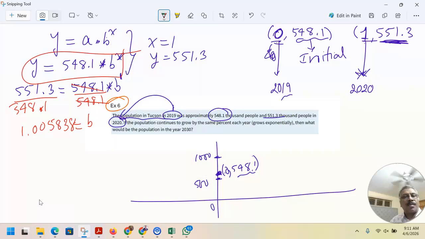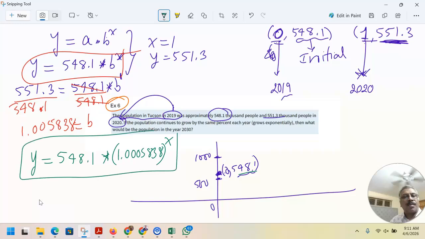So the exponential model is y equals whatever you have in the beginning, that is 548.1, times this b, 1.005838 raised to x, and you're done. That's the question. But if the population continues to grow by the same percent each year, what would be the population in the year 2030?